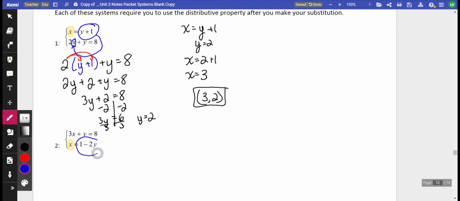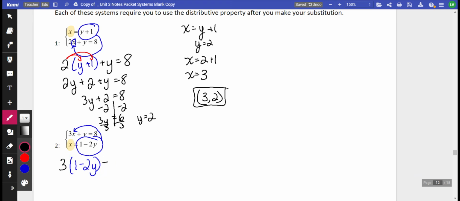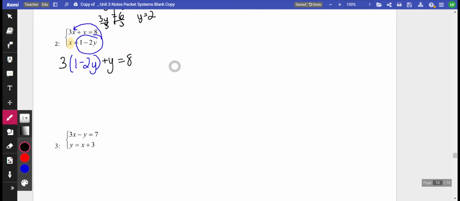That is represented by 1 minus 2y. So I'm going to take this 1 minus 2y and I'm going to plug it in for my x in the first equation. So this becomes 3 times the quantity, 1 minus 2y, plus y equals 8. Then I'm going to distribute the 3.